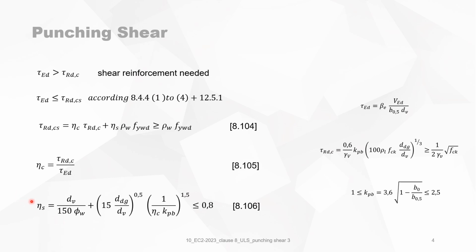Calculating ASW directly, just the needed reinforcement of the stirrups, is getting a little bit complicated. First of all, because we are working in shear stresses, and now we have to rework all those different formulas.